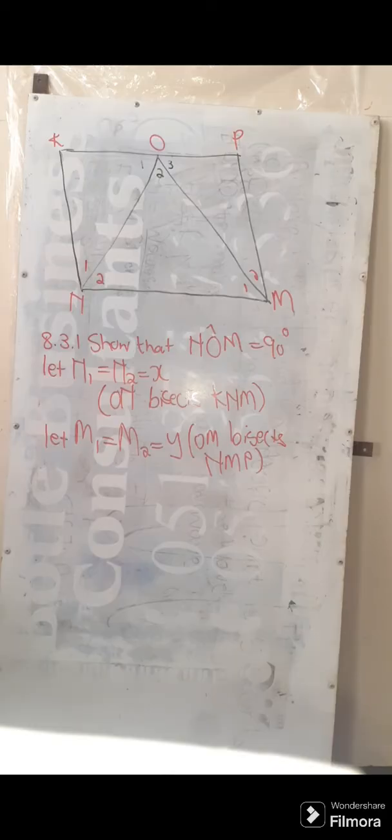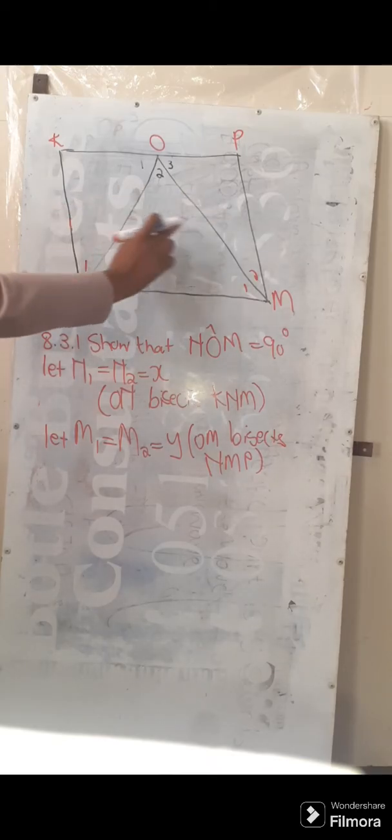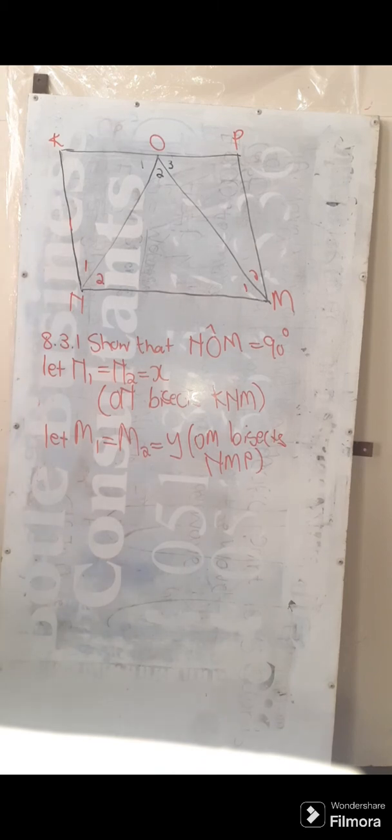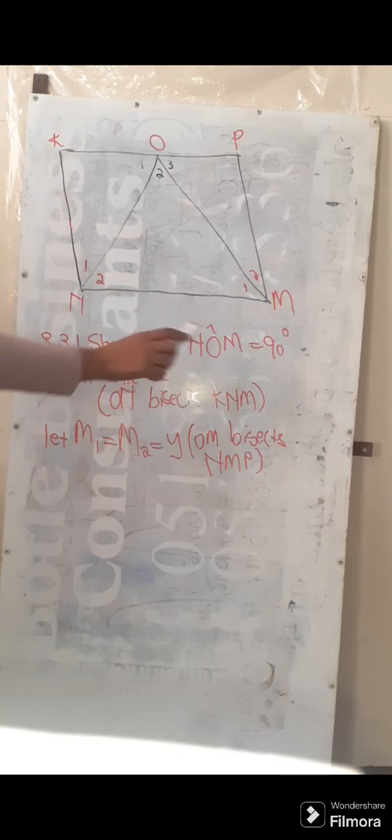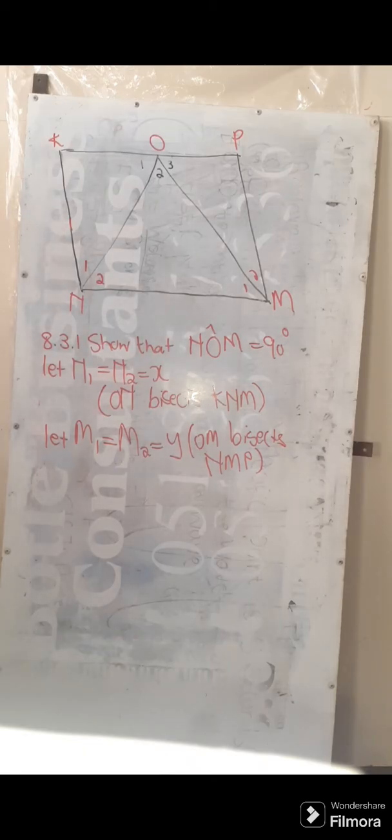After doing that, these lines are parallel, even though it's not written, but they are parallel lines, as we know. So we can say these two angles add up to 180 degrees, and that is co-interior angles. I hope you did this in grade 9.